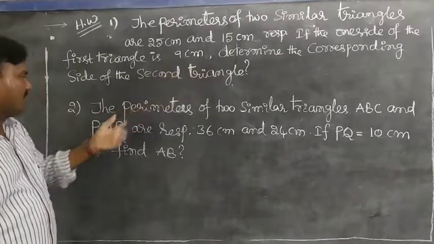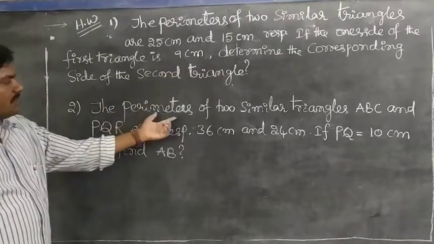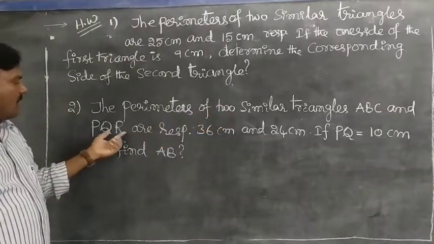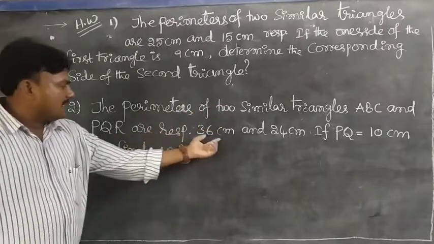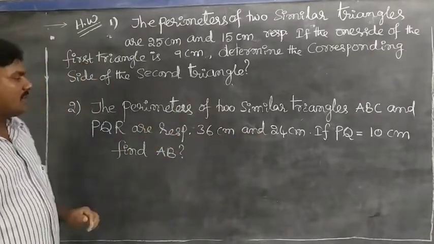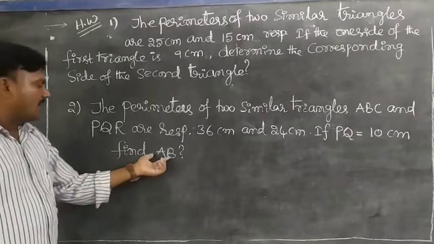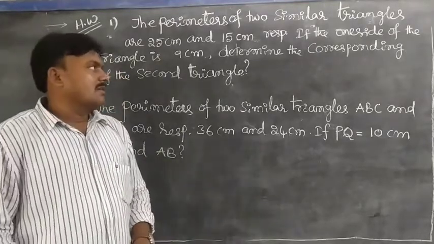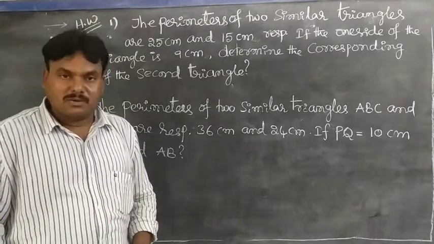Coming to the second problem: the perimeters of 2 similar triangles ABC and PQR are respectively 36 centimeters and 24 centimeters. If PQ equals 10 centimeters, find AB, and practice carefully in your running notebook, students. And again, we will discuss the next problem.